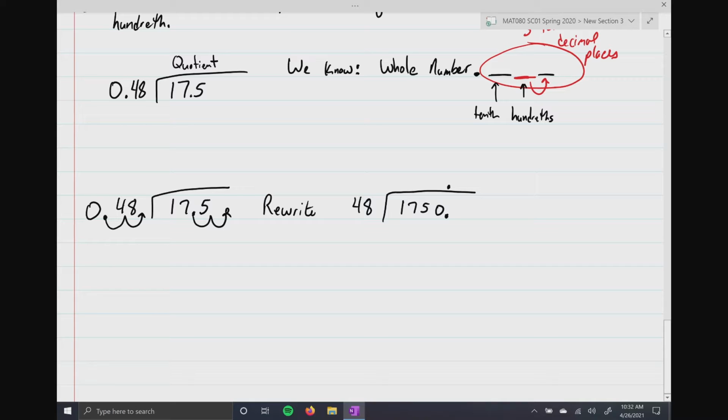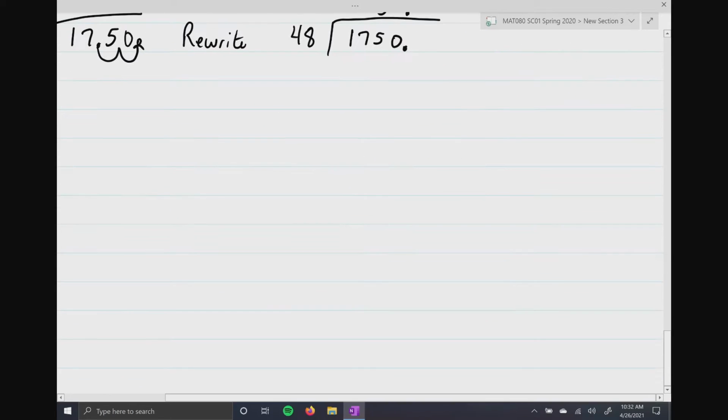Now remember, because you had to move it 2 places to the right, there's a little gap there, so fill it in with a 0. And now it's just a matter of doing the problem. So 48 goes into, let's see, 1. It doesn't. 48 does not go into 17, but it will go into 175 3 times, right, Robert? Yeah. What did you get for underneath?